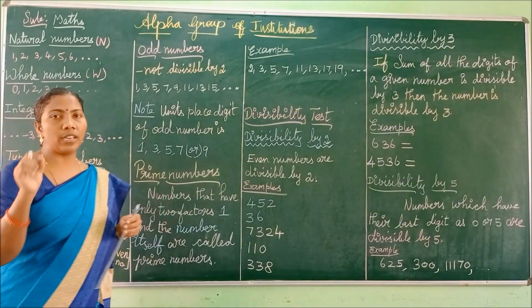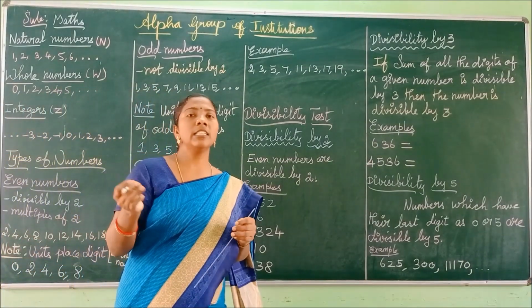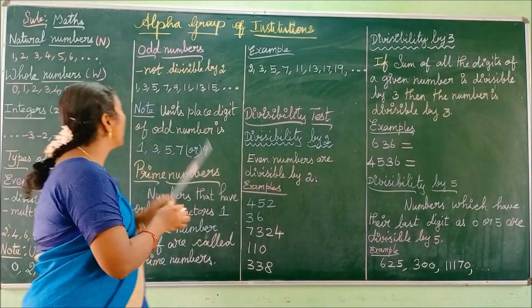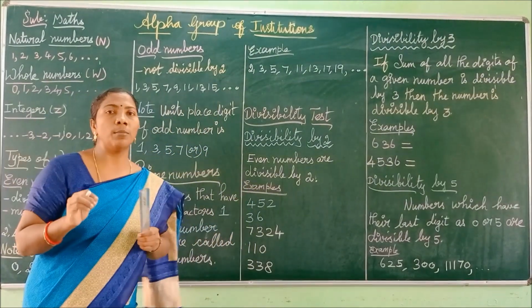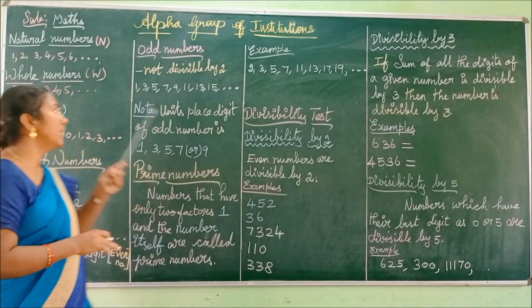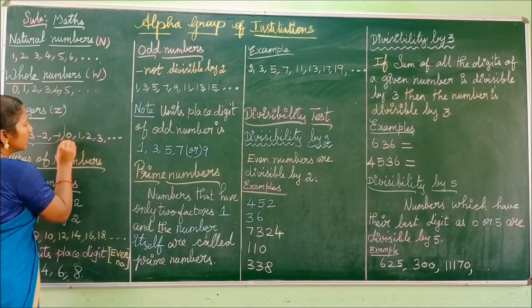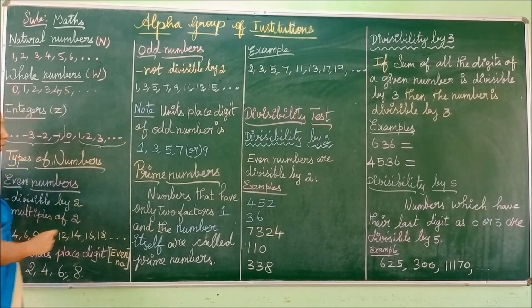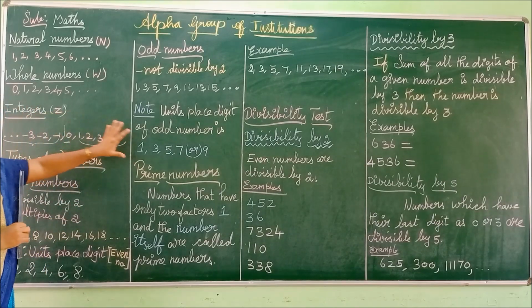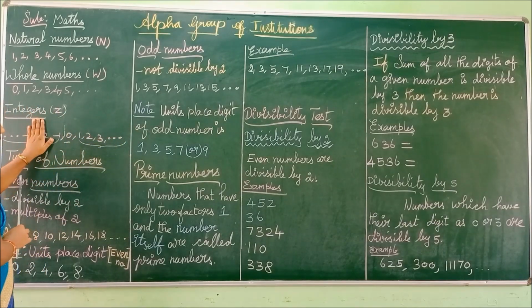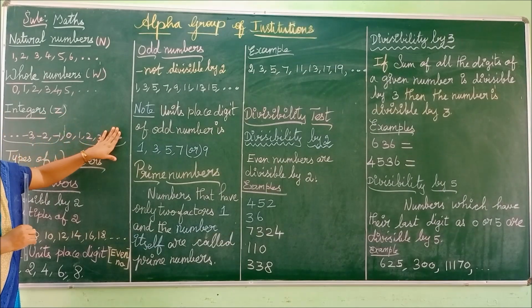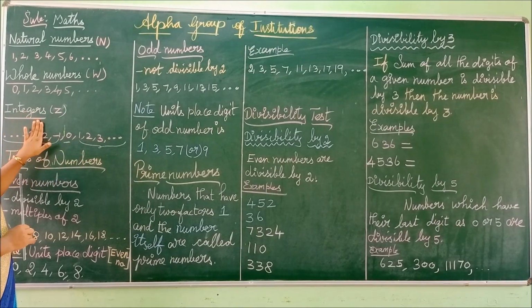What is the symbol for integers? In case of whole numbers and natural numbers, we have the numbers only in positive. But in case of integers, we have negative numbers, 0 and positive numbers. So this collection of negative numbers, 0, positive numbers are said to be integers.